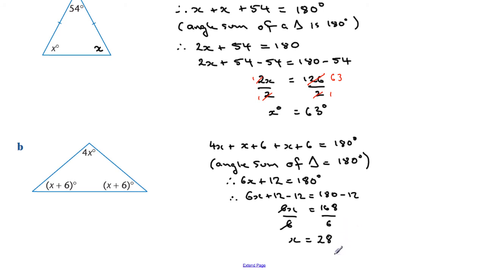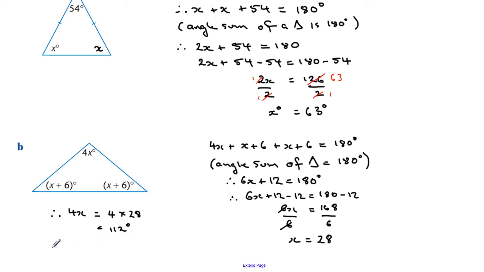Now that's not our final answer, because we know that x over here is 28, but we need to work out all the angles. So therefore we could say that 4x, which is the top angle, must be equal to 4 times 28 degrees. So that's 112 degrees.